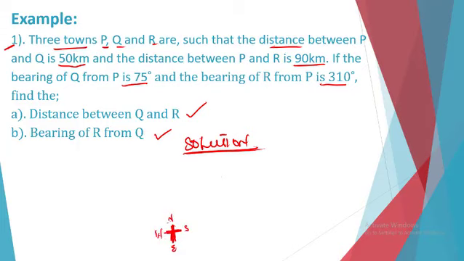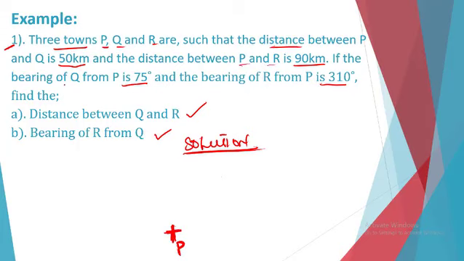Like I told us, I'm not going to use these alphabets. Let's take this point to be the point P, and that's where the journey starts. It says that the distance between P and Q is 50 kilometers, and the distance between P and R is 90 kilometers.